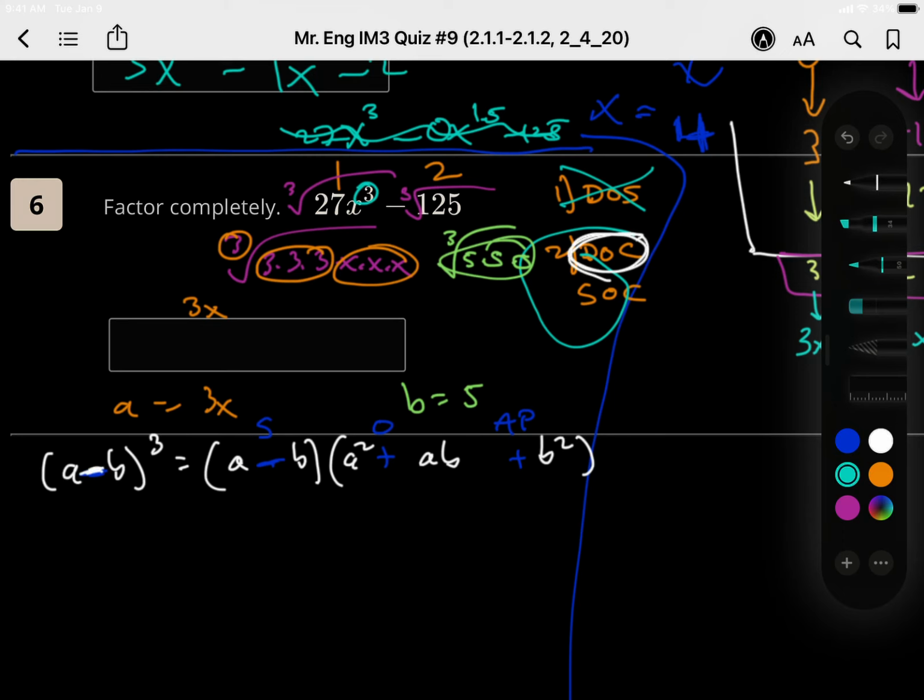Now we're just going to substitute each of our values. So a equals 3x. So I'm going to put that here, here, and here. Let's go ahead and do that. Whoops, can't write with the highlighter. So 3x.